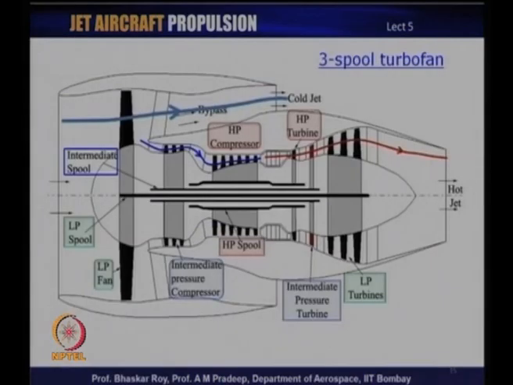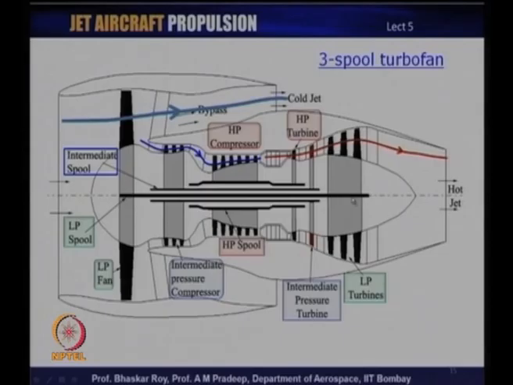The more modern version of turbofan engine is the 3-spool turbofan engine, which is not very popular as yet, but it is already being used by some of the engine manufacturers, such as the Rolls-Royce company, and they have been making 3-spool turbofan engines. There is a certain mechanical complexity here, because as you can see, there are 3 concentric shafts.